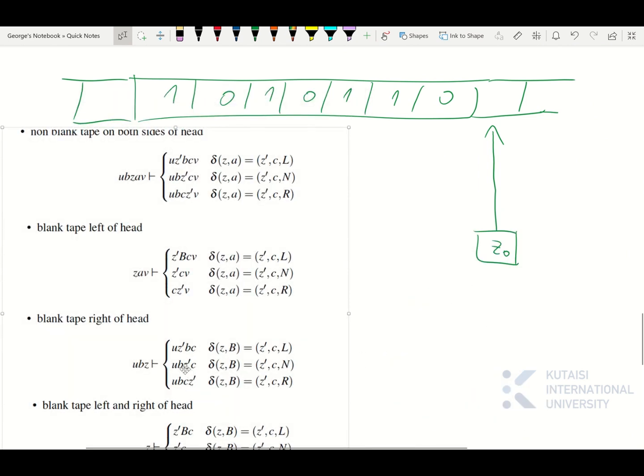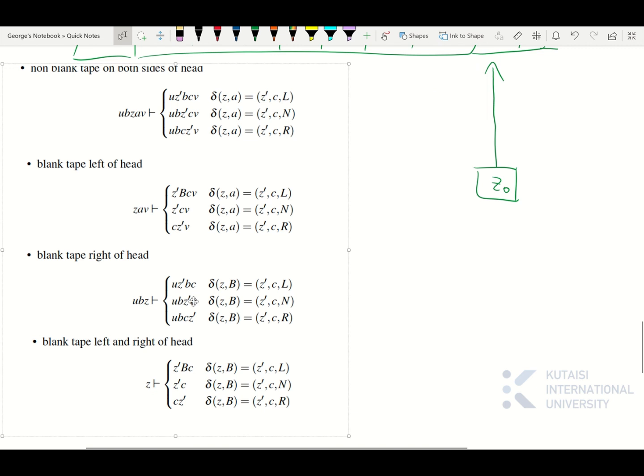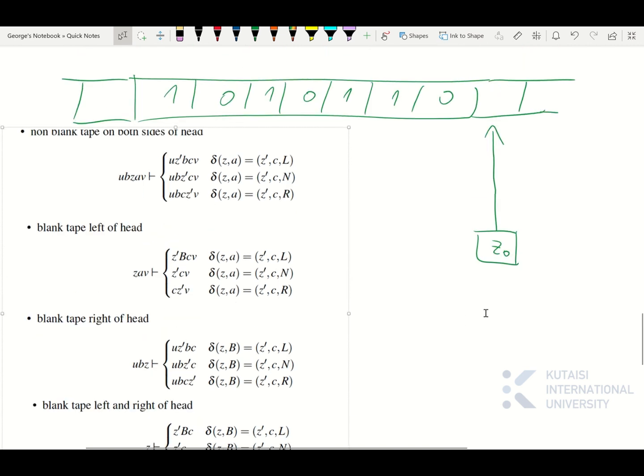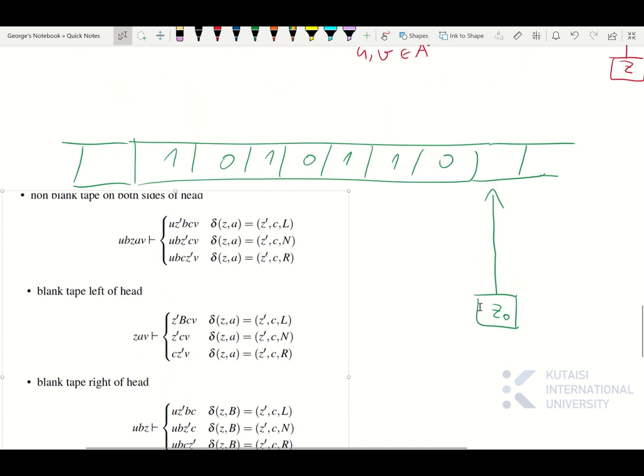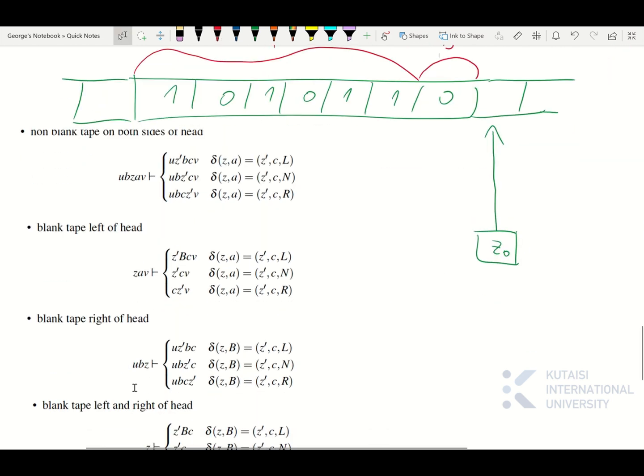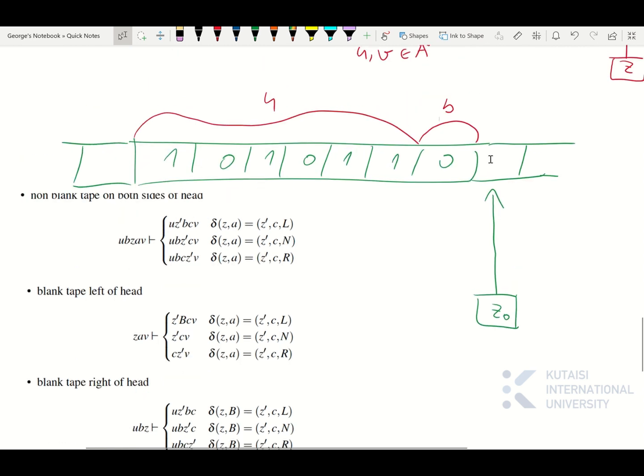I'm in situation number 3. See, this is my U. So I'm basically in situation 3 now. This is my U. This is my B. And my configuration is U, B, and then Z, right?